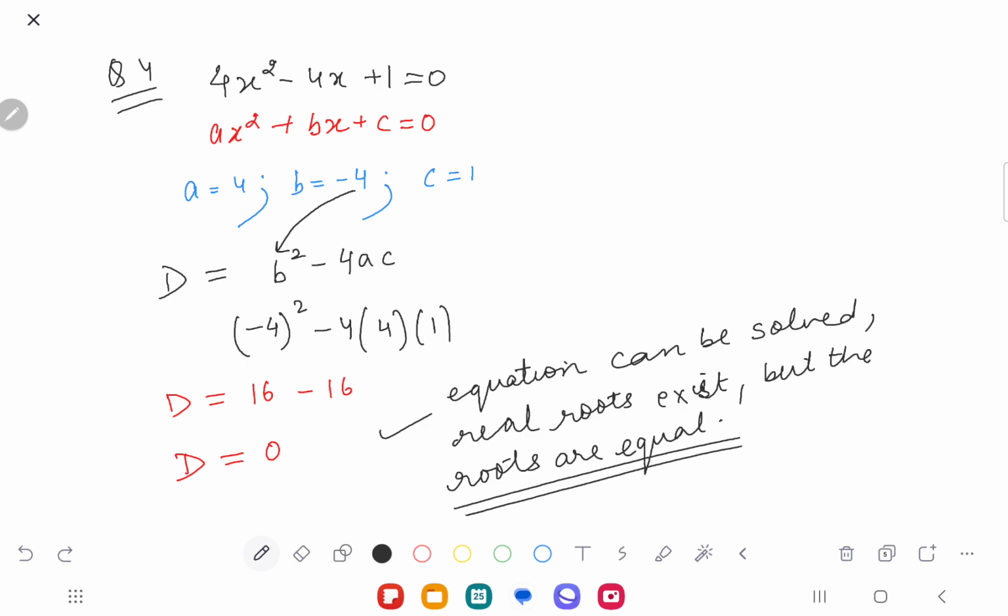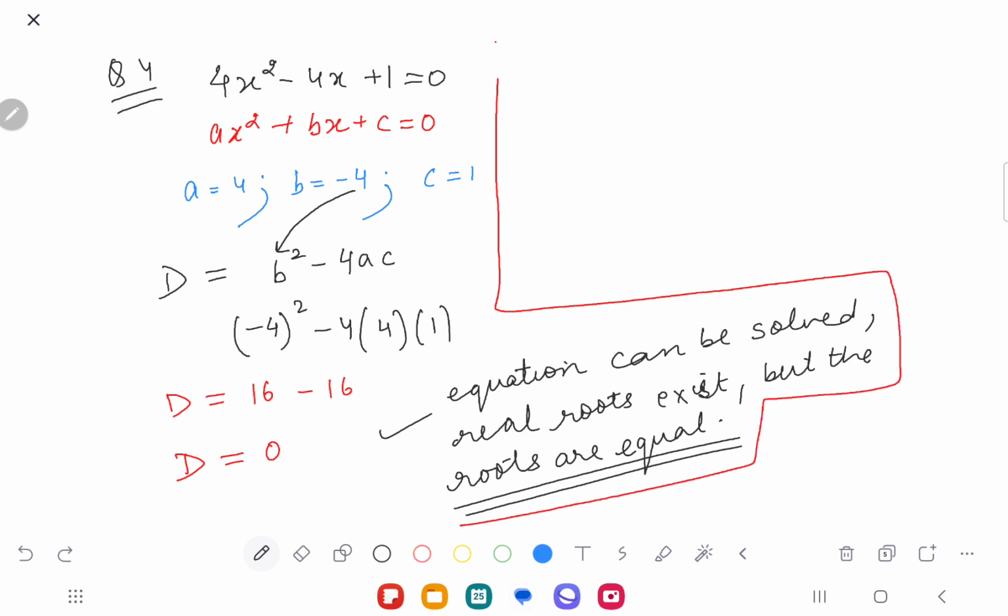You understand? How am I saying that the roots are equal? Why am I saying that the roots are equal? I am saying this because the discriminant is basically b square minus 4ac, but the roots are nothing but alpha comma beta.